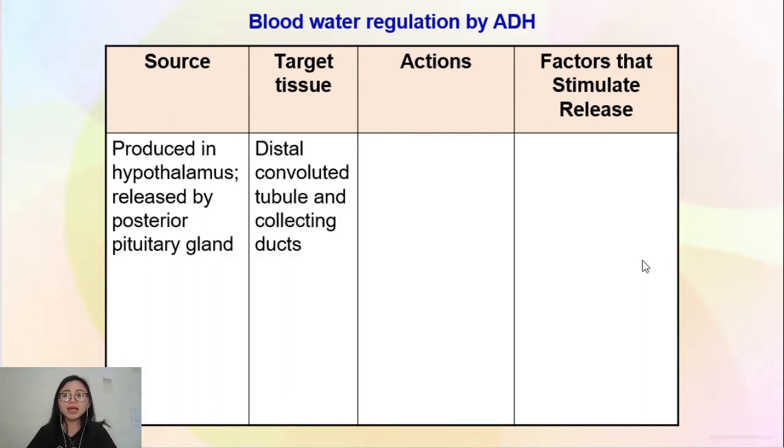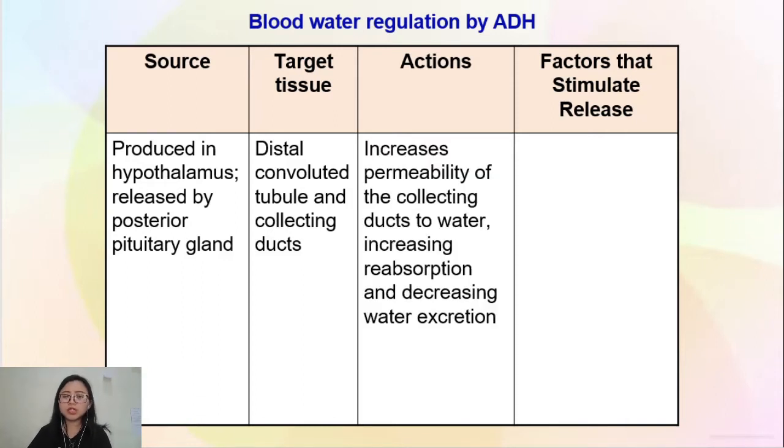Mana dia pergi? The target tissue is the distal convoluted tubule and collecting ducts that is in the nephron in the kidney. What does it do? It will increase the permeability of the collecting ducts to water, thus increasing the reabsorption and decreasing water excretion. Apa maksud ayat ni?